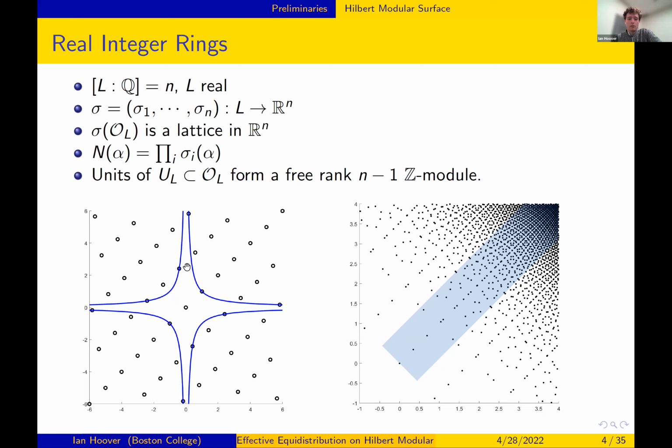So the units lie along this unit hyperboloid, if you will. And the fact that the units form a free rank n-1 Z module is just saying that there's one fundamental unit, and all the other units in the ring are simply powers of this unit.